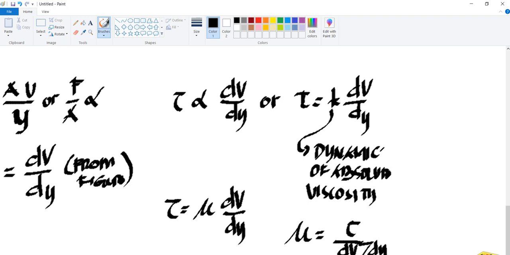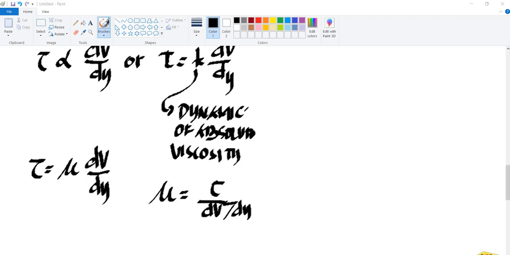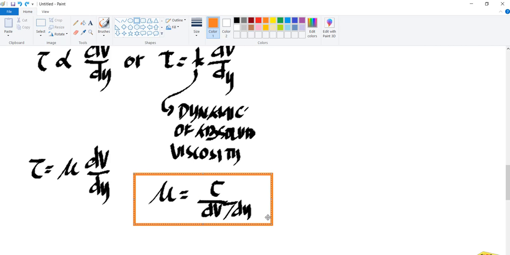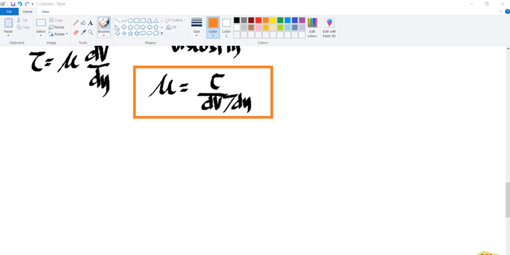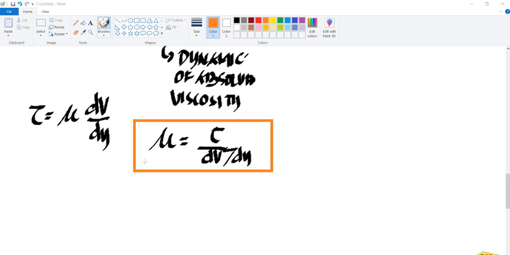So we have now the equation for your absolute dynamic viscosity. Let's highlight this one, and let's try to define that. So this is your shear stress.